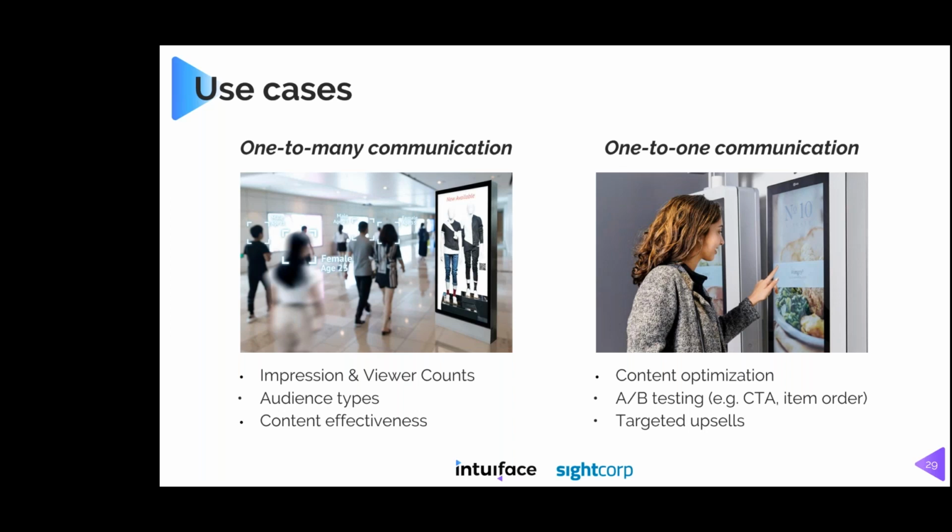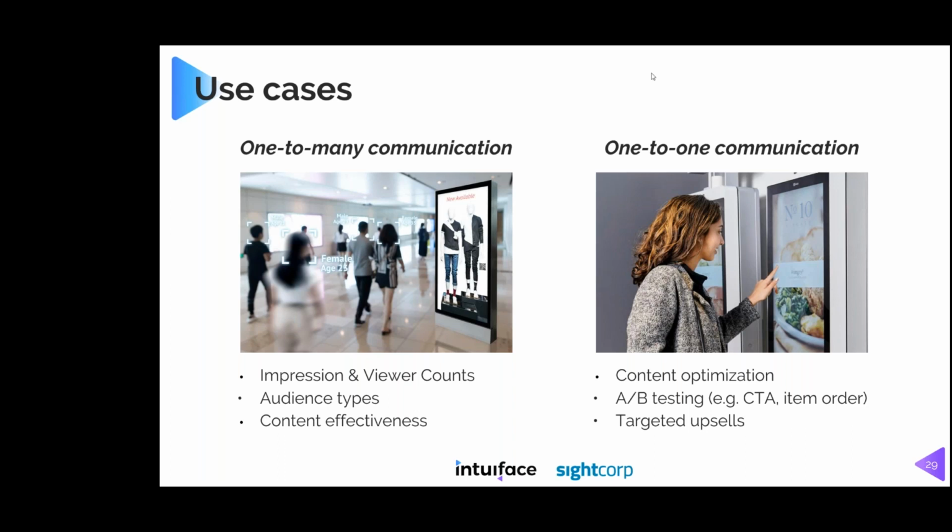So you have the one-to-many communication that can be screens in shopping malls or airports, any crowded area with basically standard advertising screens, and more one-to-one communication. So that can be a self-service kiosk, for instance, in a quick service restaurant, or a wayfinding kiosk in a mall again.